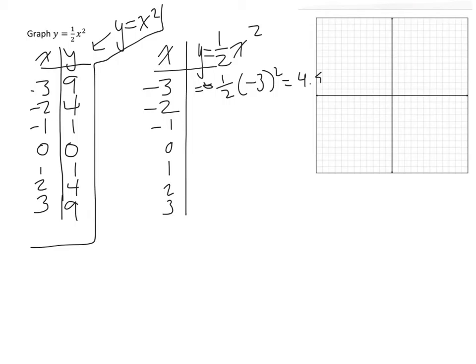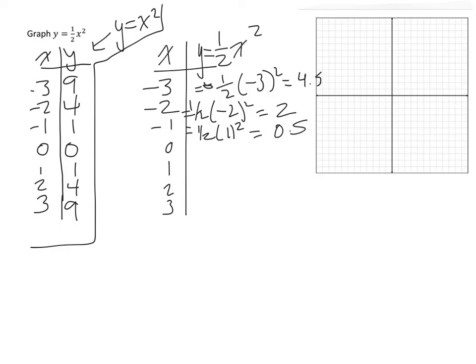4.5. And then I'm going to repeat this, so I'm going to take 1/2 and multiply it by negative 2 squared, and negative 2 squared is 4. 4 times 1/2 equals 2. I'll repeat again, so what's 1/2 times negative 1 squared? So negative 1 squared is 1, times 1/2 is 0.5.